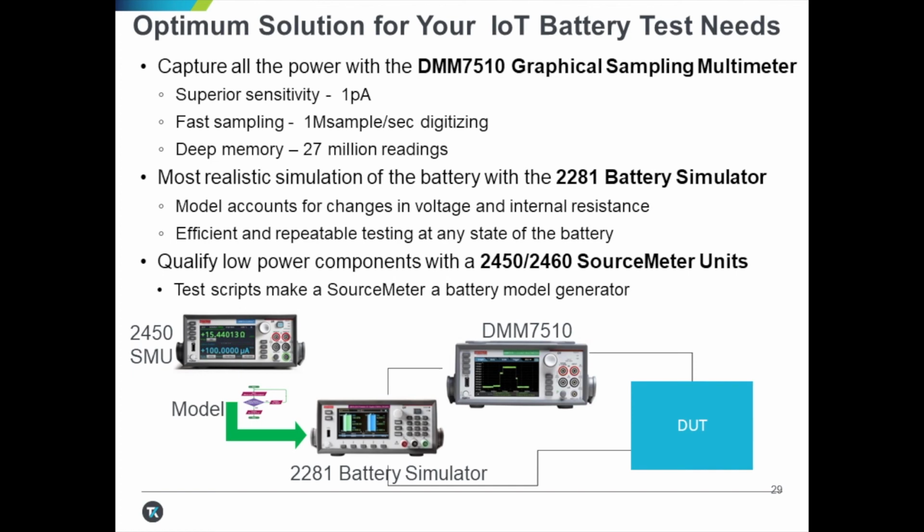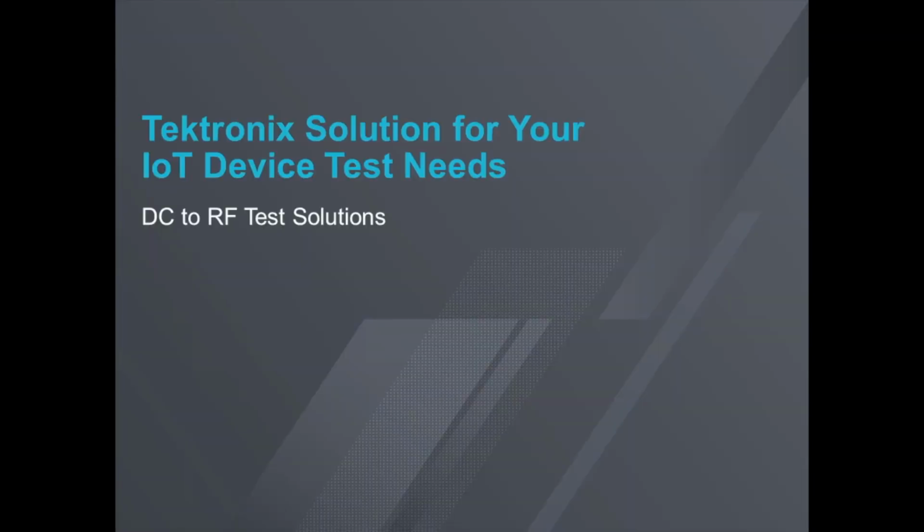All of these then can be tied together with the most realistic simulator, that being the combination battery simulator and power supply, the 2281, which can model and account for changes both in voltage and internal resistance, and efficiently and repeatably test any state of the battery based on taking the model which is simulated from the 2450 SourceMeter unit.